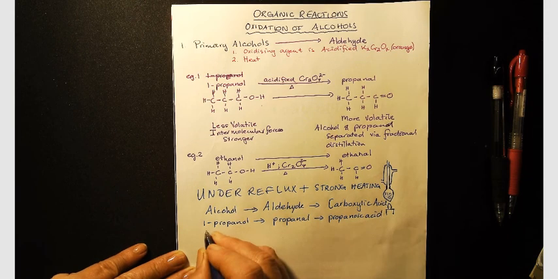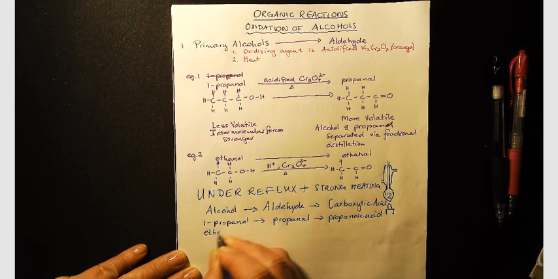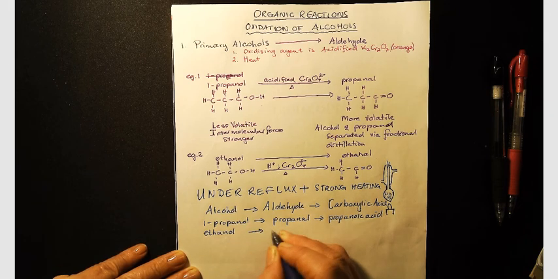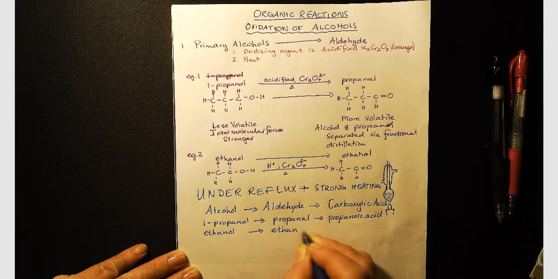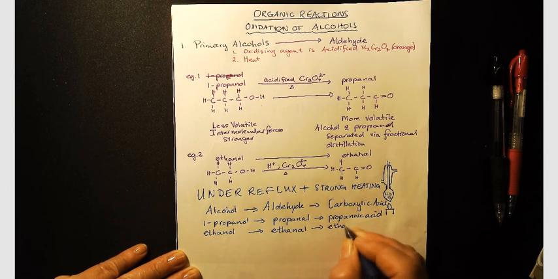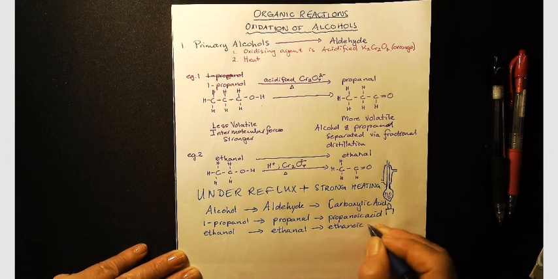And for example 2 at the top there, ethanol will turn into ethanal, and that will turn into ethanoic acid.